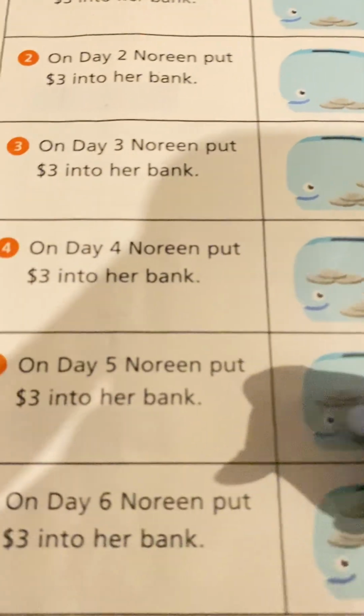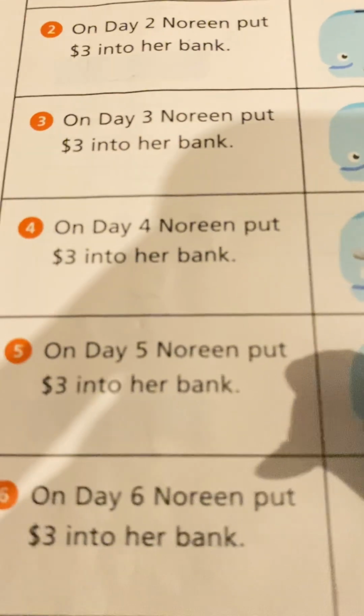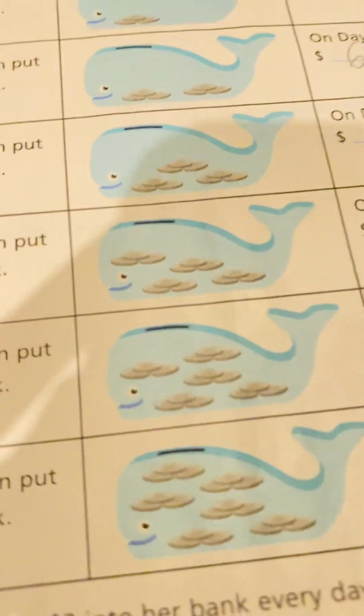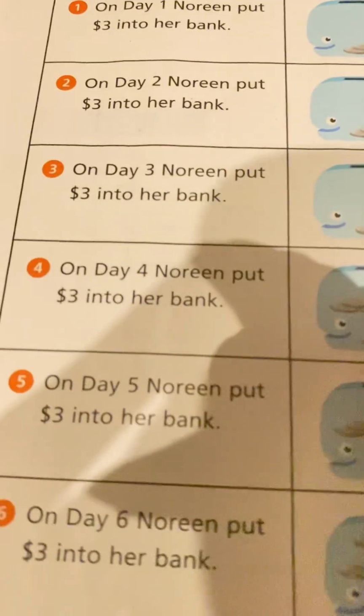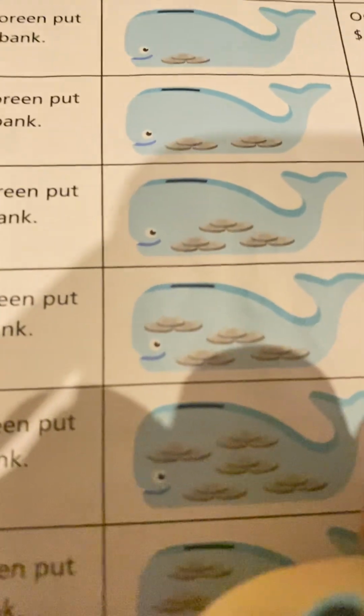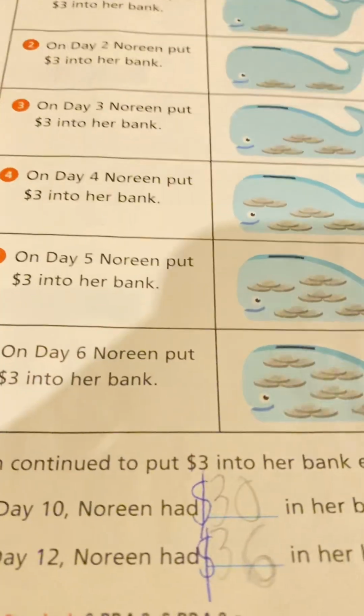On day 4, Noreen put an extra $3 into her bank. How much money is in the bank now? Well, 4 times 3 is 12, because 3 plus 3 plus 3 is 9, plus 3 is 12. So there are $12 in her bank now.